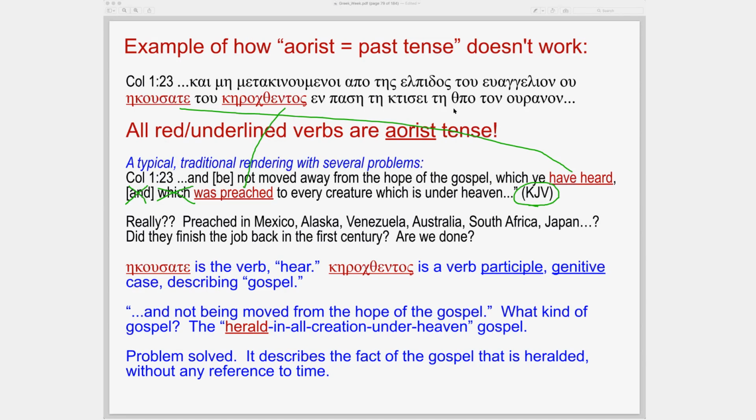The, of the, this genitive case, of the, preached in all the creation, the, oops, that's a misspelling there, hupo, under the heaven. Okay, that's a U. Sorry.